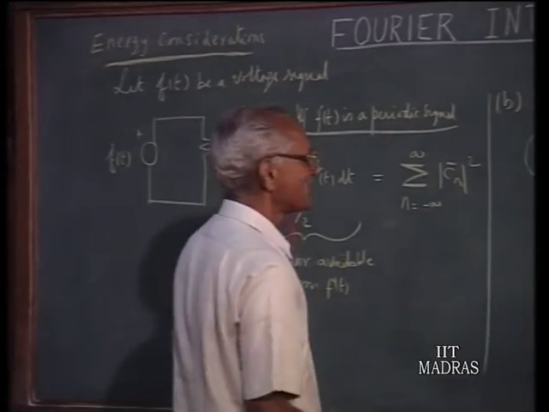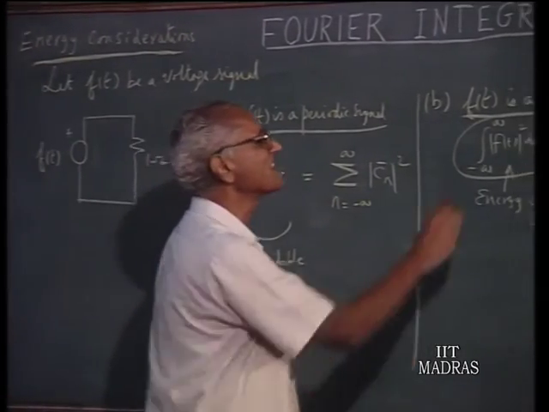So, the energy that is dissipated in this 1 ohm resistor is given by this.